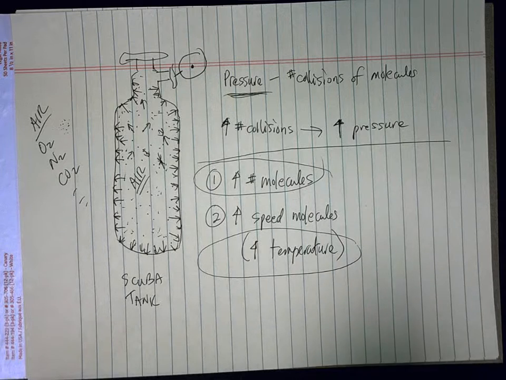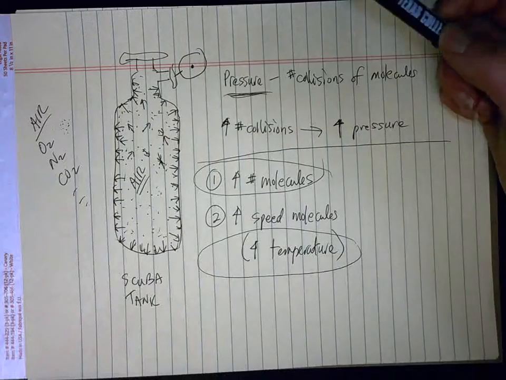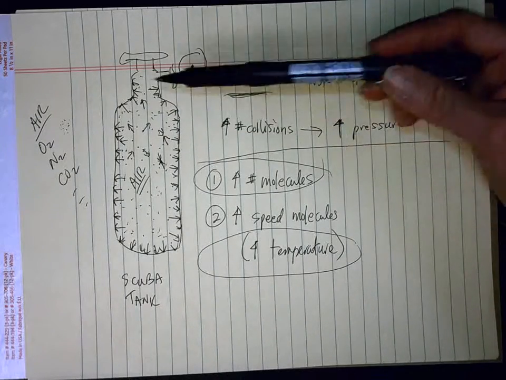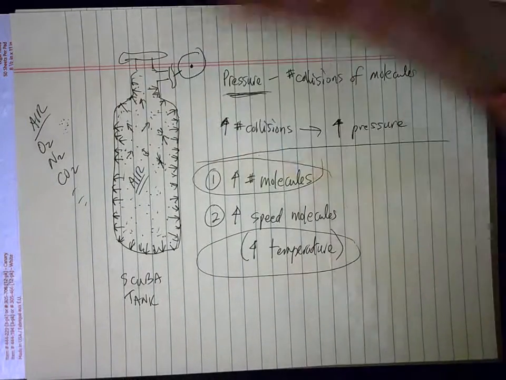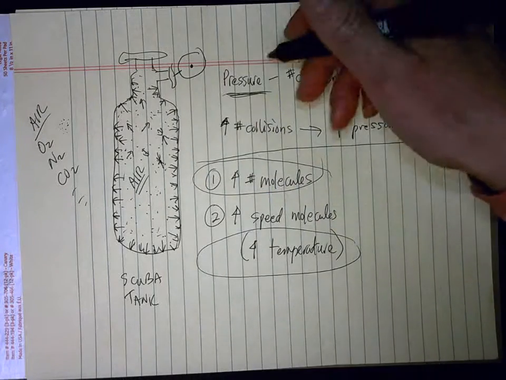And the pressure depends on two things: how many molecules of air there are, and also the temperature. So at the end of a dive, you may have lower pressure, because you breathed the air out of it. You took air out of it.